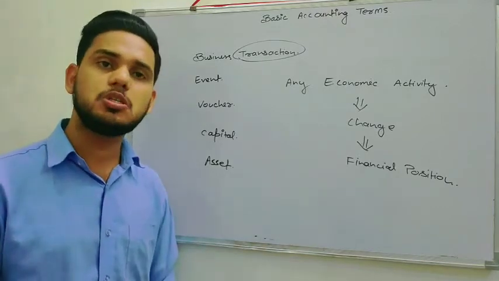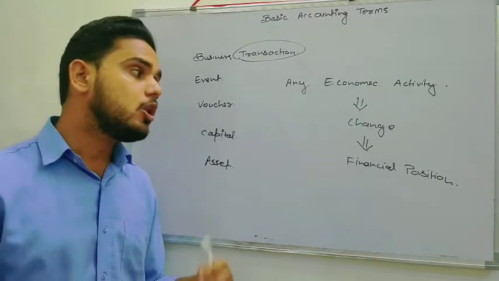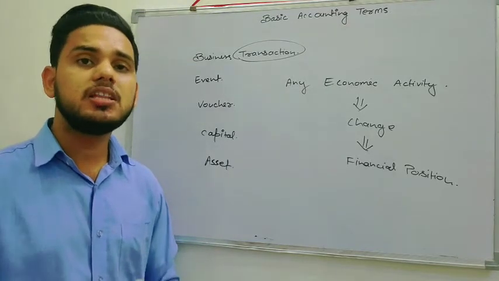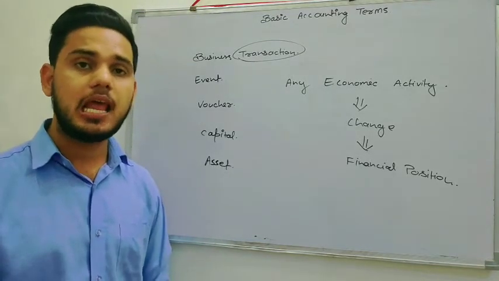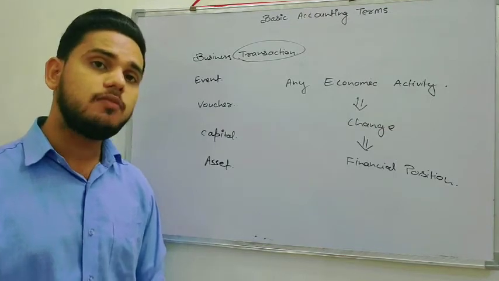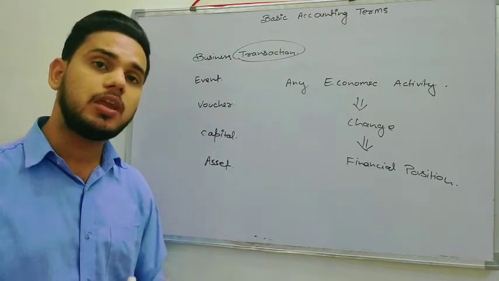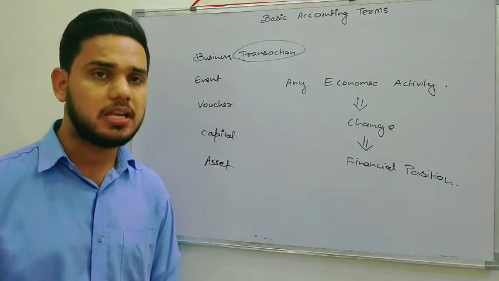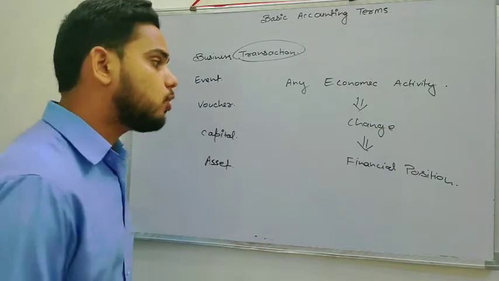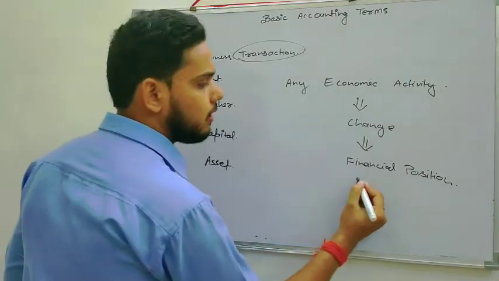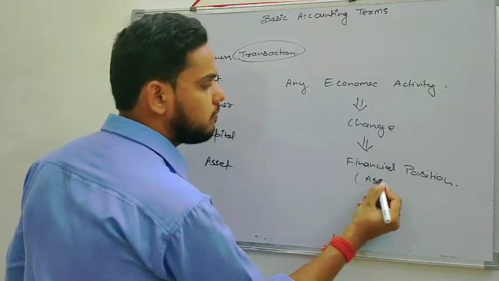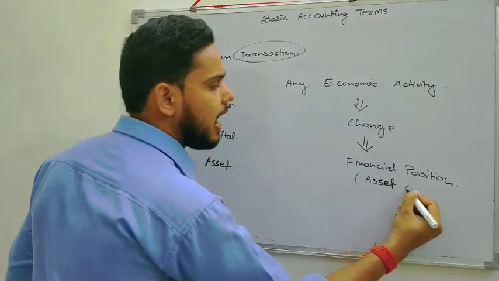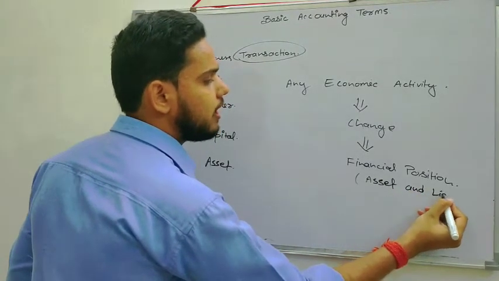In financial position there are two things: knowing the financial position of a business means knowing the situation of assets and liabilities of the business. We already understood in the very first lecture why it is necessary to know the financial position, but for the time being, we can say financial position is the position of assets and liabilities.